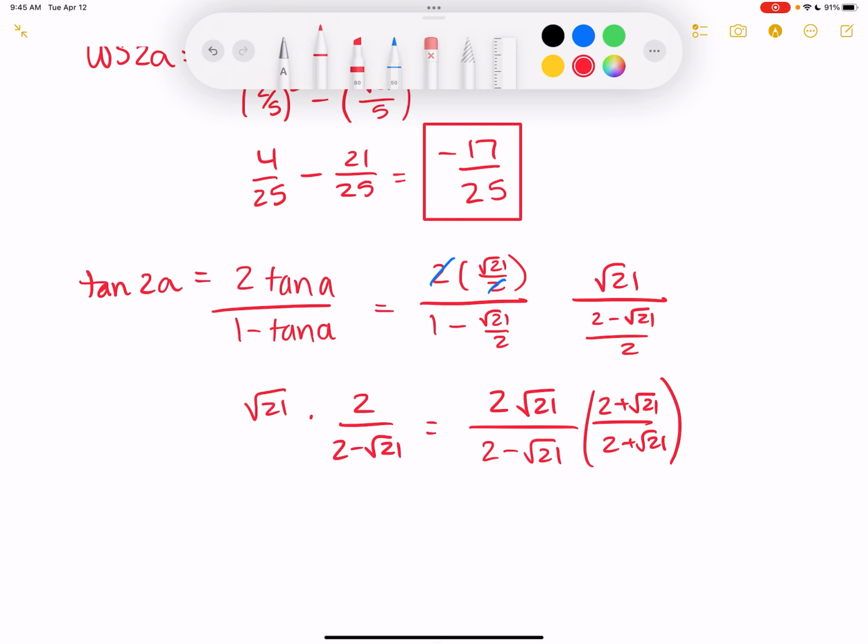All right, so that gives us 4 square root of 21 plus 2 times 21, is that 42? Over, what's the bottom?